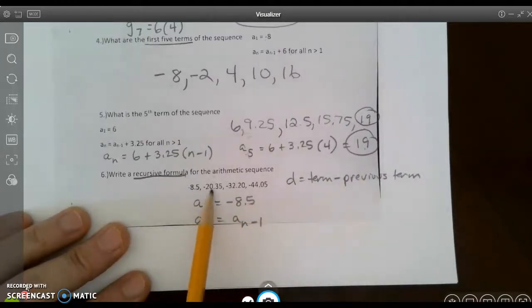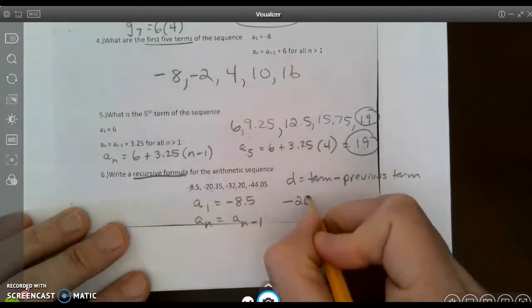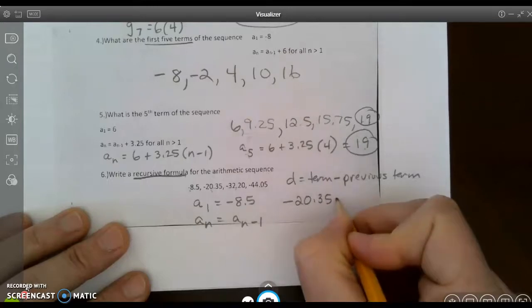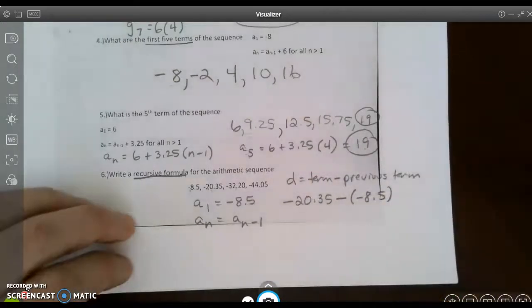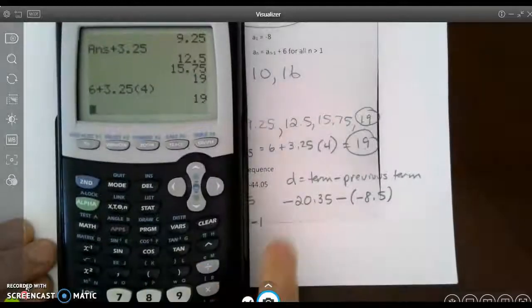So I can use any two sets. I could take this term minus this previous, this one minus this one, or this one minus that one. Let's just do this first set. Negative 20.35 minus negative 8.5. And I can use my calculator.